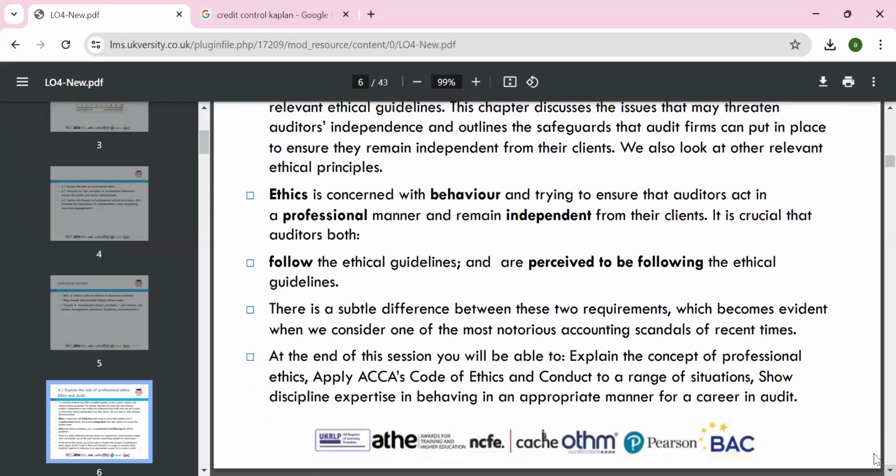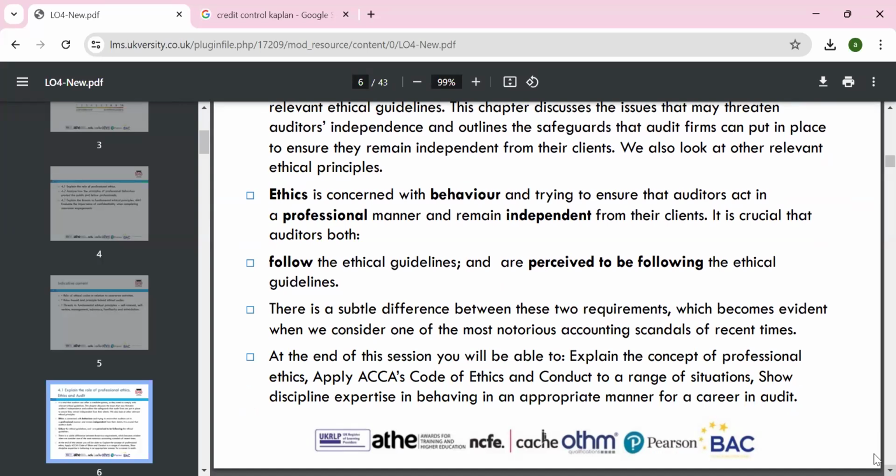We can look at the difference between the two requirements. We can consider the accounting standards we follow and look at the accounting scandals we have had in recent times, like Enron, the biggest scandal of history. It's good to watch a three hour movie on how they cooked the books.